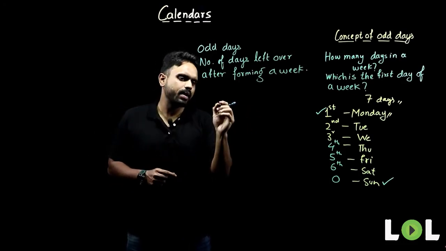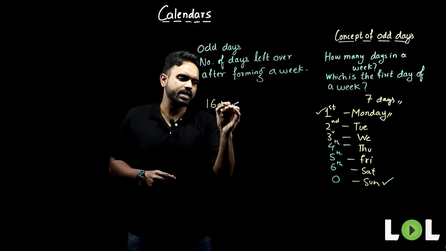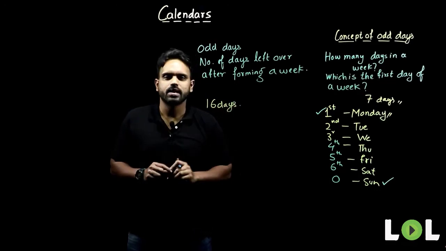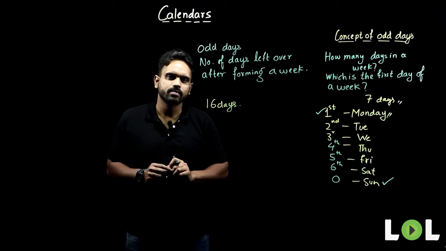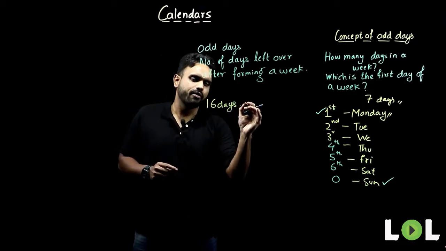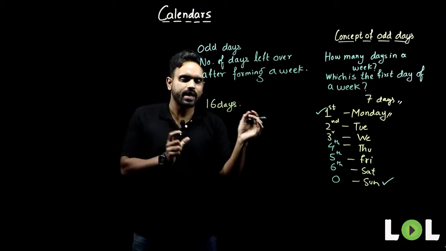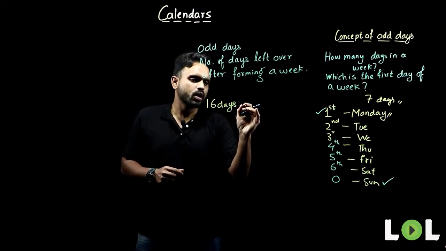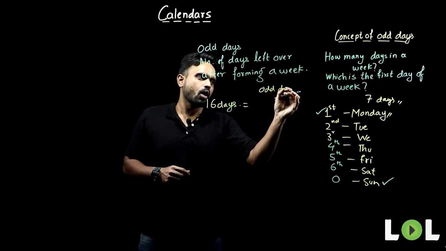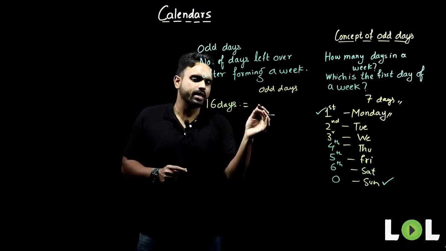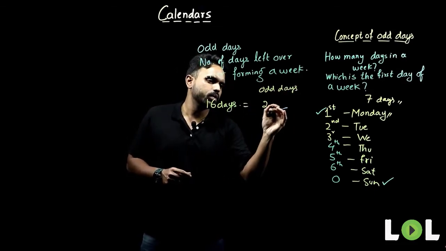Now, for example, if I have 16 days, how many weeks can you form out of these 16 days? Yes, you can form 2 weeks, 7 and 7. So, how many odd days will be remaining? Odd days remaining with you will be 2.